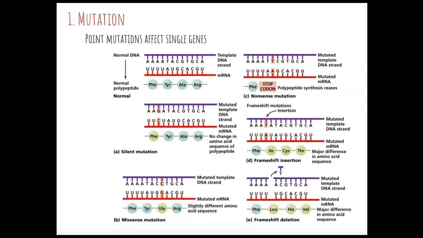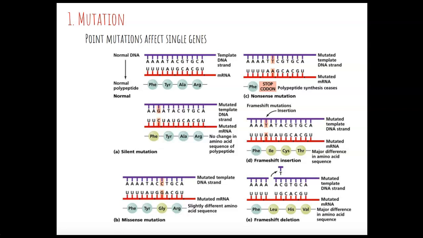A silent mutation is one where the mutated template DNA strand does not change the amino acid sequence of the polypeptide. In this case, an A was changed to a G in the DNA, which causes it to code for a C in the mRNA.